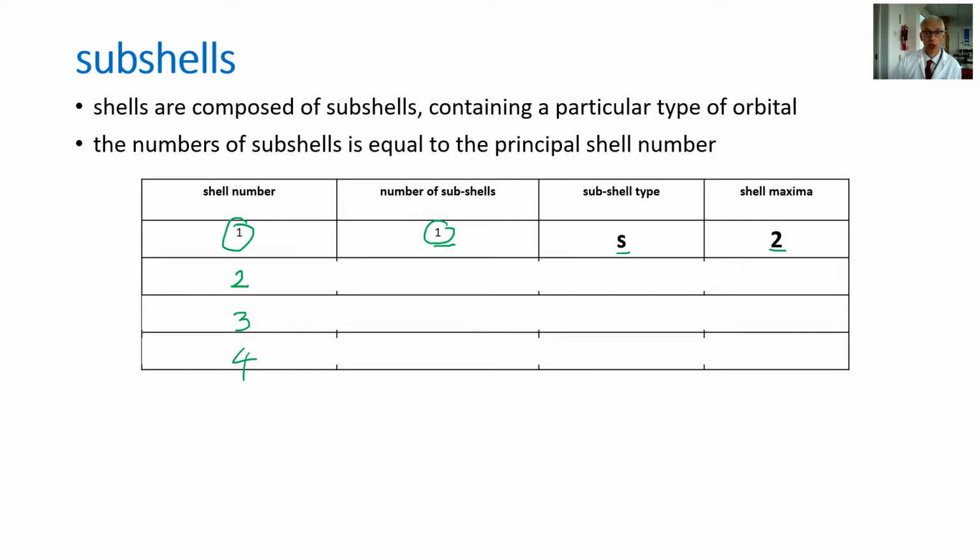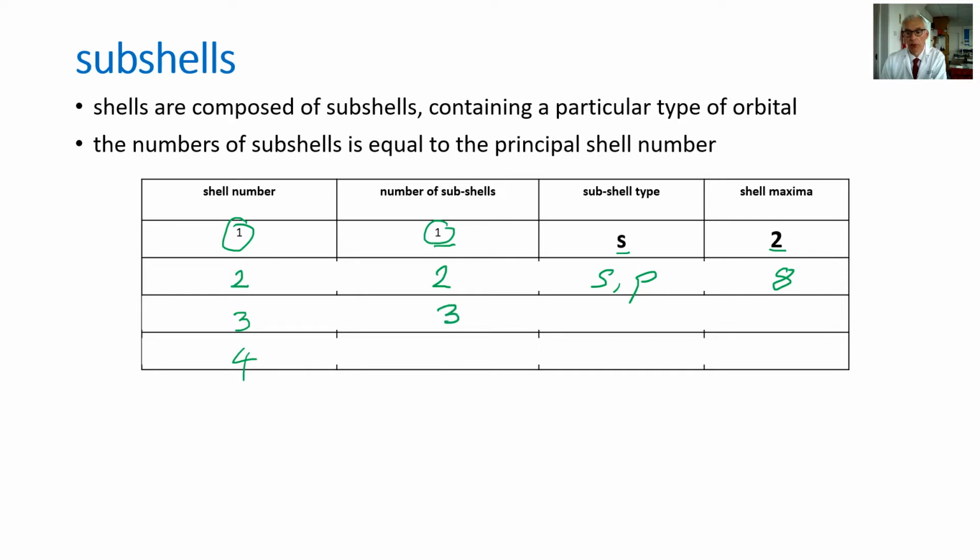Okay, so if the shell number is 2, we are told from quantum mechanics that the number of subshells is 2. And we know that the shell maximum for the second shell is 8. We calculated that on a previous slide. I will tell you that the two types of subshell are S and P. Moving on to shell number 3, there are 3 subshells.